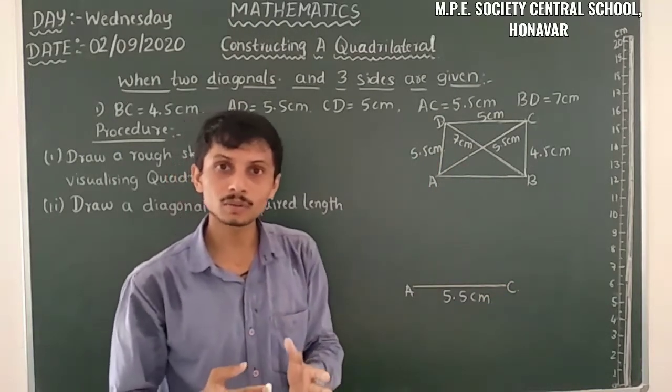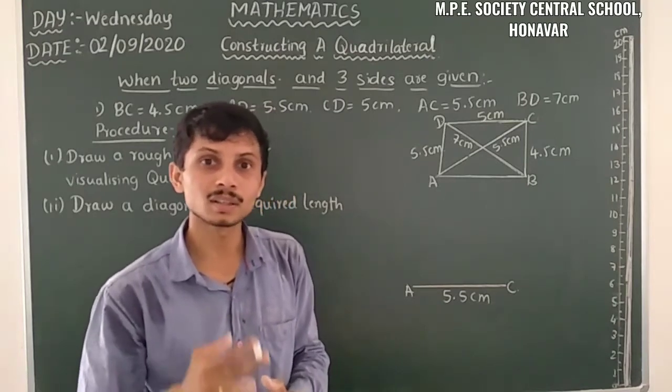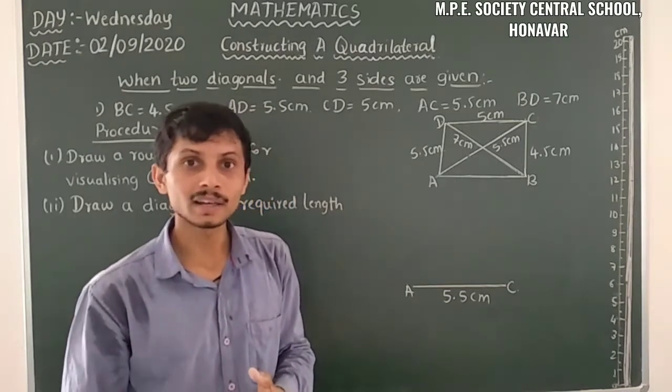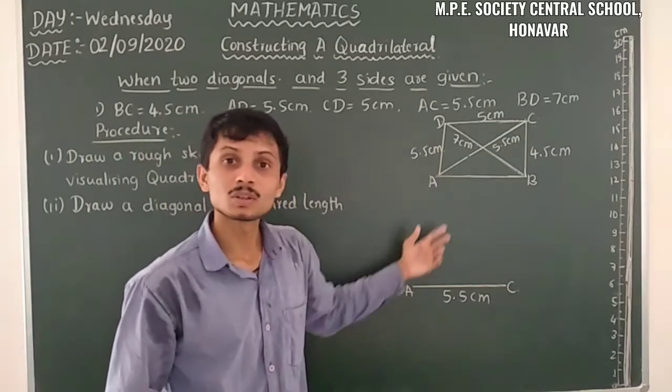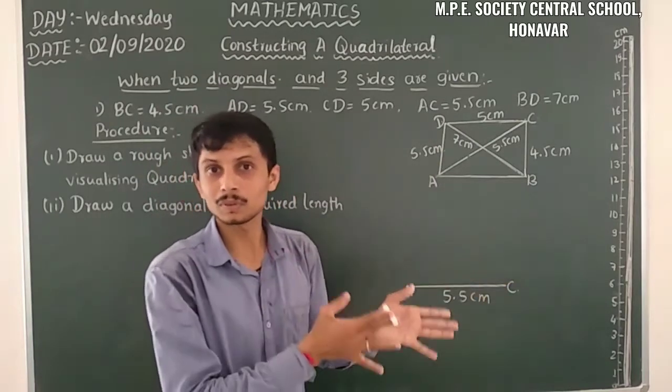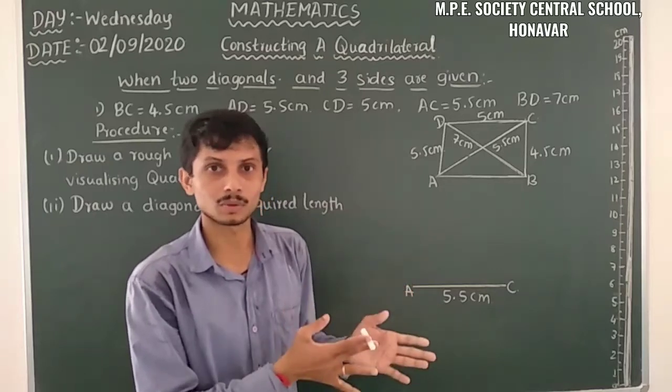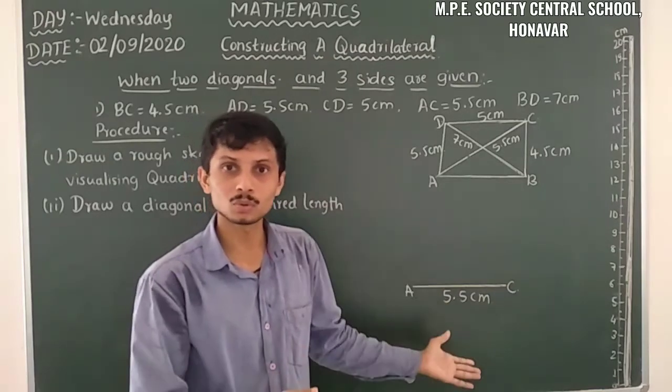So in that, what we have to do? We have to select one of the sides, take the length of that side and draw a curve. Likewise previously we did that one. So likewise we have to do here.